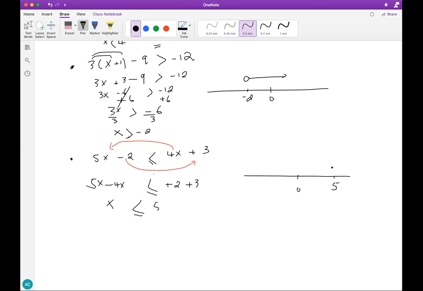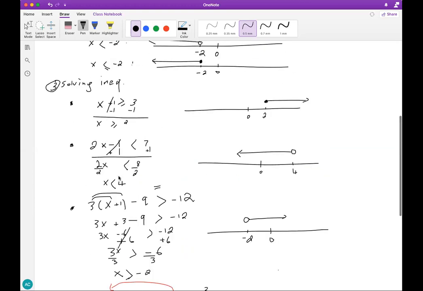Less than means go to the left. And the 5 itself is included because of this line. It means less than or equal to 5, that means the 5 itself is included. So we're going to use a shaded circle like this. And that's pretty much it, how you solve and graph inequalities.